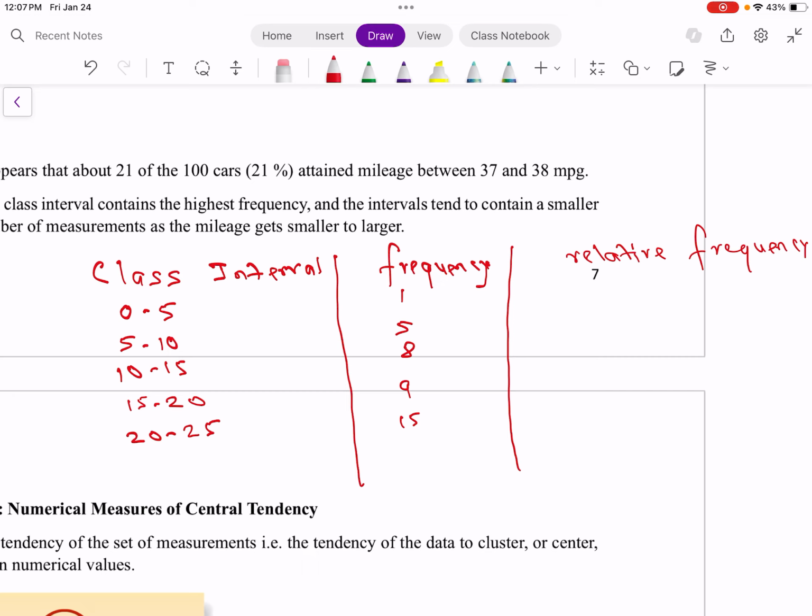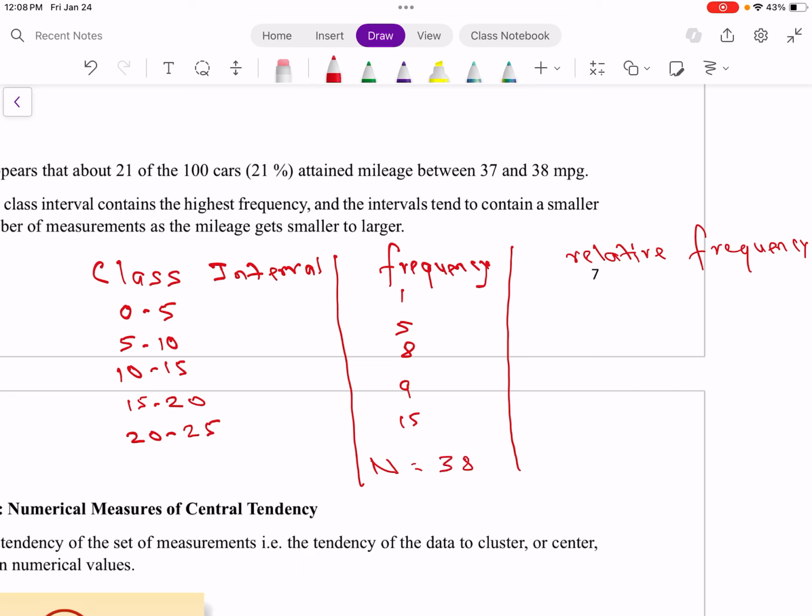Now, how do we calculate the relative frequency? We divide by the total number of measurements. So to calculate the relative frequency, we divide each frequency by the total. To find the total, we add all these frequencies. 15 plus 9 is 24, plus 8 is 32, plus 5 is 37, plus 1 is 38.